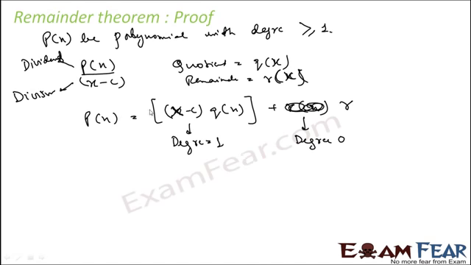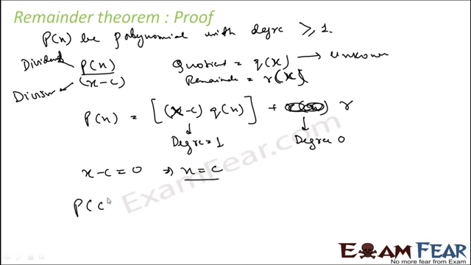Now I have to make this 0 to get the remainder. To make this 0, q of x is something which we don't know. This is unknown. So x minus c is something we know, the divisor. So I can say x minus c is 0, that is x is equal to c.